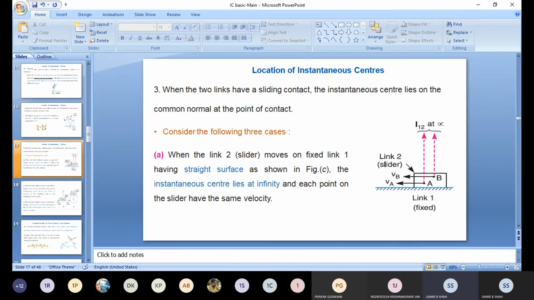When the two links have sliding contact, the instantaneous center lies on the common normal at the point of contact. You remember that it lies on the common normal at the point of contact. Where will it be? It may be on the common normal at the point of contact.